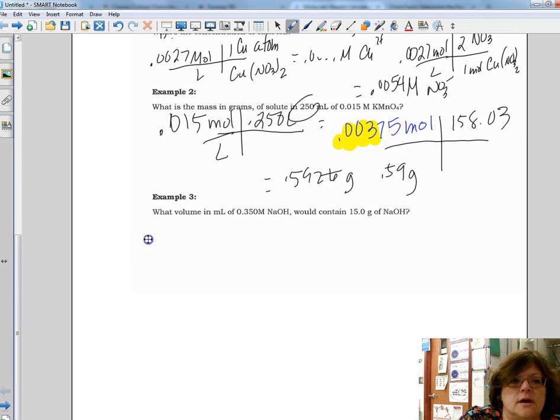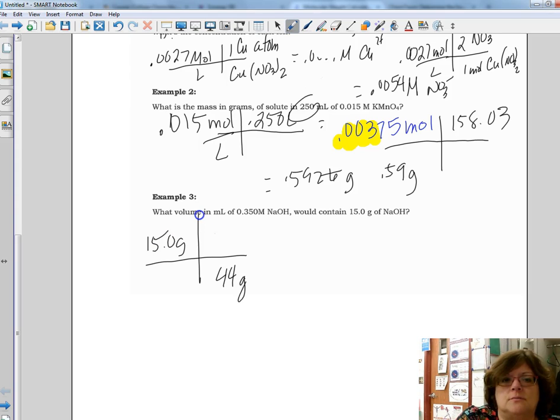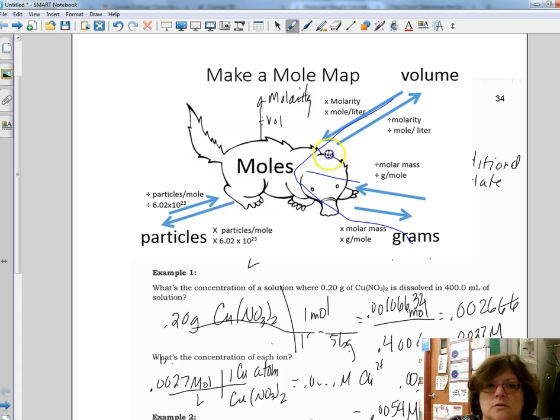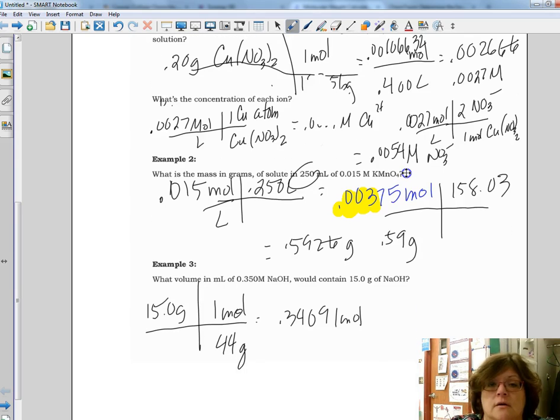We have 15 grams of NaOH. The molar mass of NaOH is 44 grams in 1 mole. That will give us a number of moles: 0.34091 moles. Now we want to go from moles to volume, and it shows dividing by molarity.